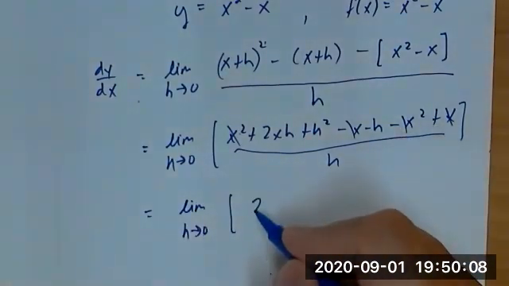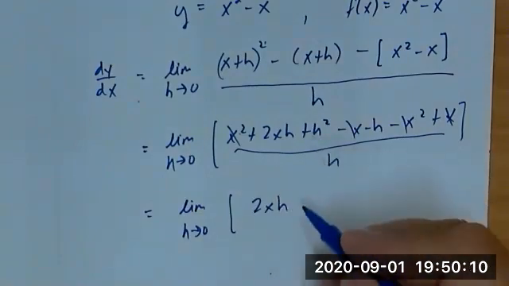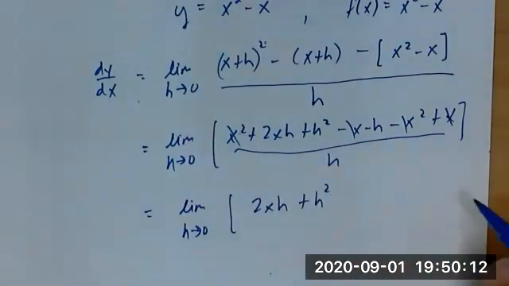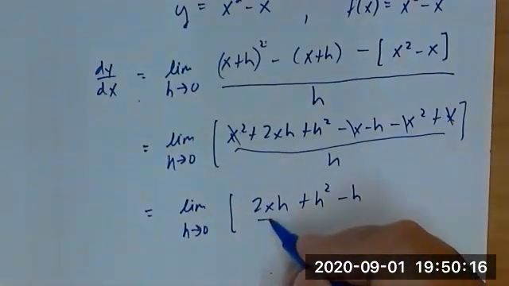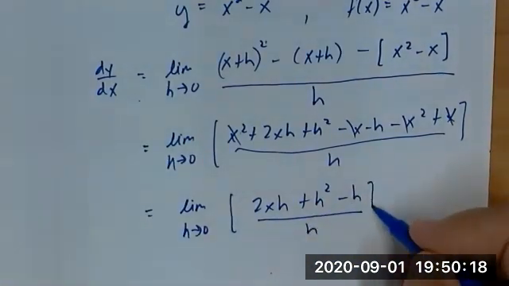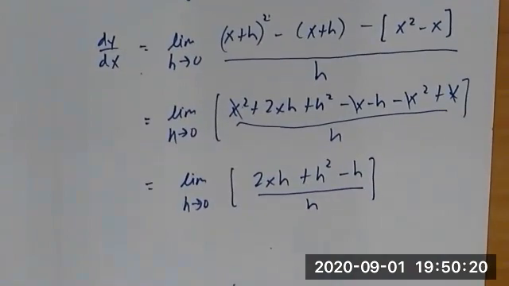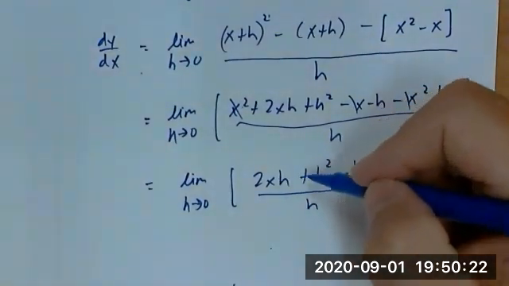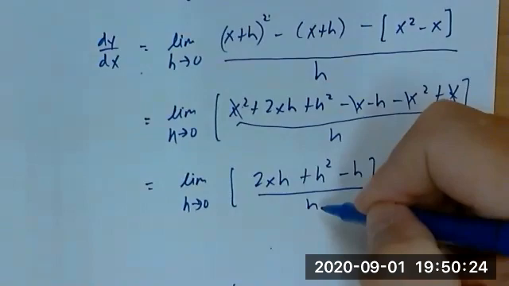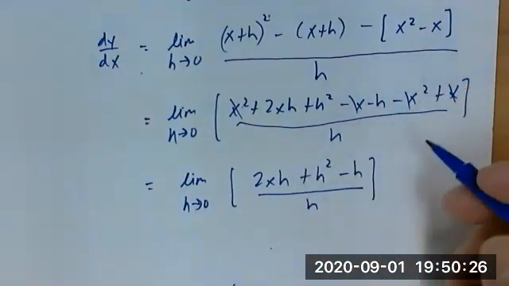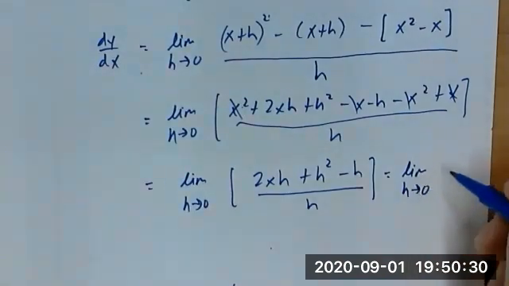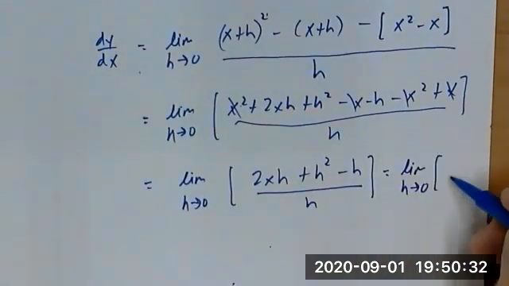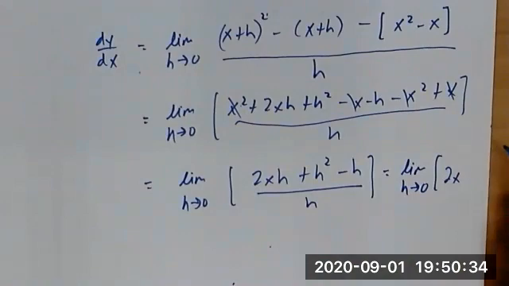So let me see what we have left now. I've got 2xh plus h squared minus h all over h. Of course, look at all three terms in the top have an h and there's an h in the bottom, so I can cancel an h out of all of these. And I'll have 2x.